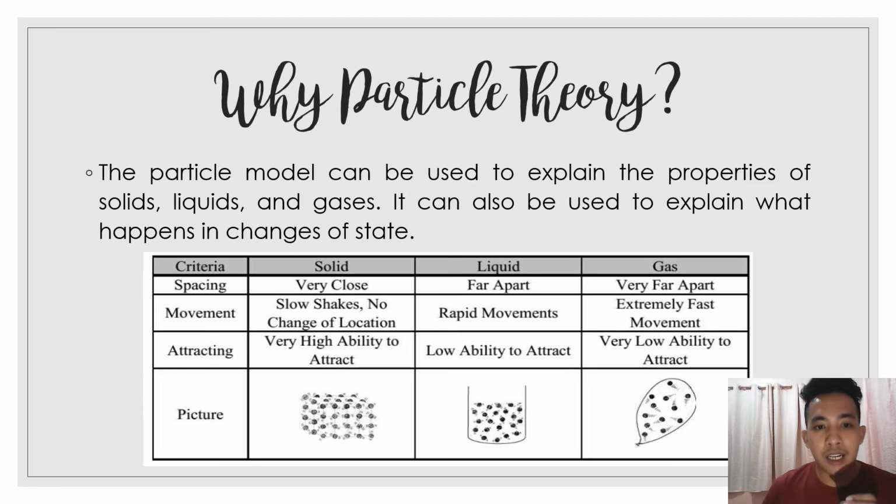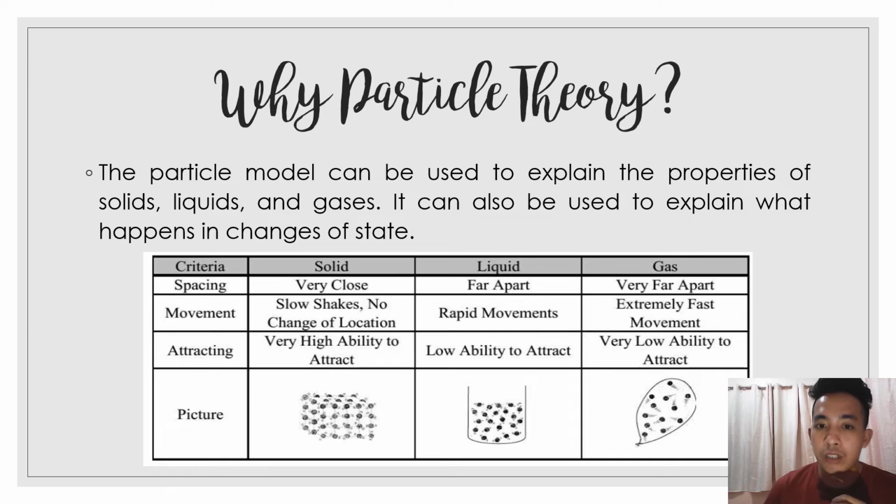The states of matter, particularly solid, liquid, and gas, can be classified by relative spacing, relative movement, and attraction. As a review, when we say solid, the relative spacing among particles is very close, the relative movement is slow with no change of location, and their attraction is very high.